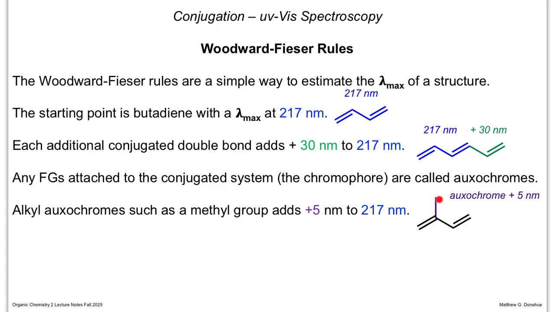So the methyl group has this term, it's called an auxochrome. And it just adds a little piddly amount, plus 5. So you can think of any functional group and there's probably an associated additivity value for it.